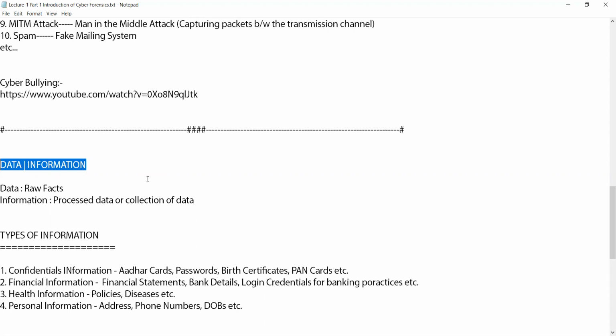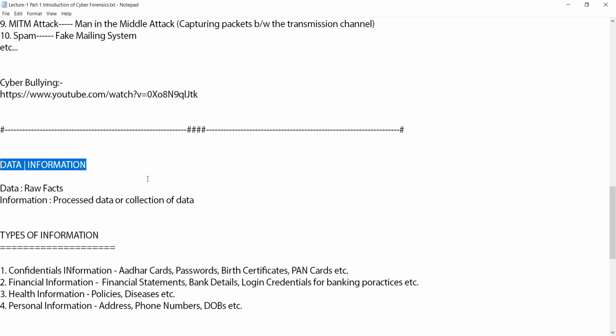But if your manager says, just go and collect the name, the number and the address of a particular employee, then you go to the record room and extract the information from there. What you collected is the useful thing, and that is the information.